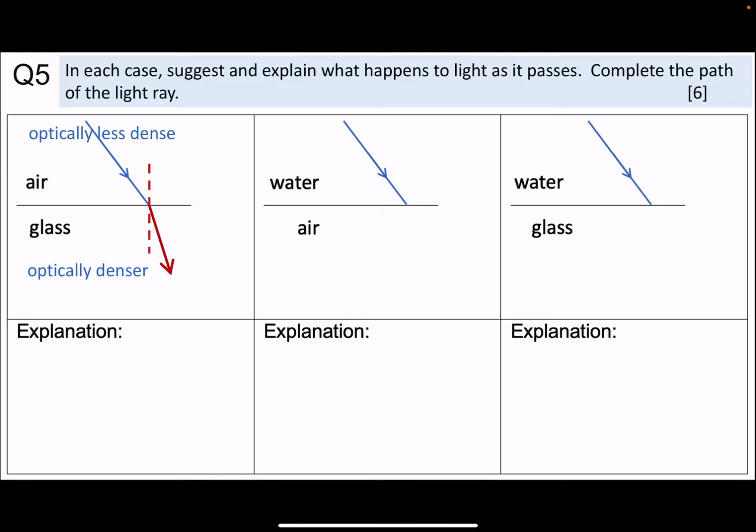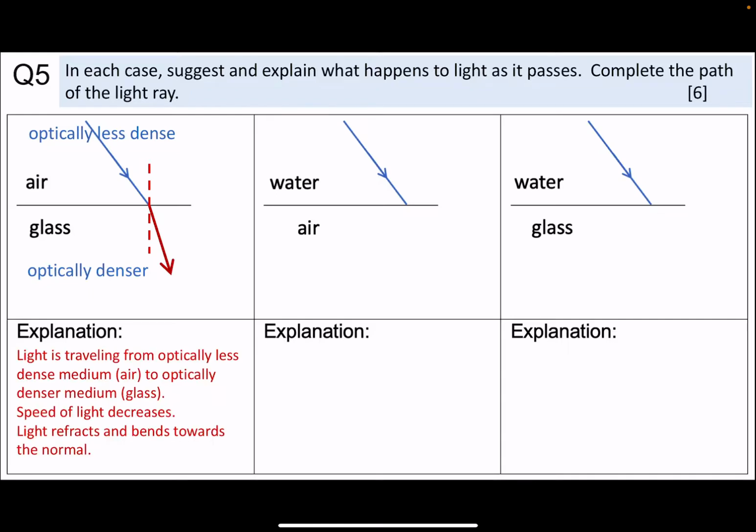So the light will come into the glass, will refract into the glass and bend towards the normal. Explanation: light is traveling from optically less dense medium air to optically denser medium glass. The speed of light decreases, so light refracts and bends towards the normal.